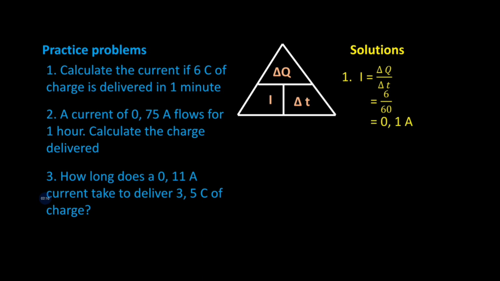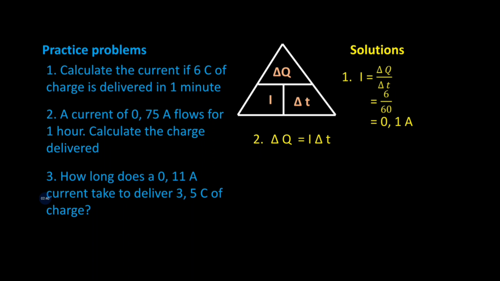Problem number 2. To calculate the charge from the triangle, you can see that delta Q is the product of current and time. Delta Q equals I delta T. The current is given as 0.75 amps and the time given is 1 hour. We need to convert the 1 hour into seconds.